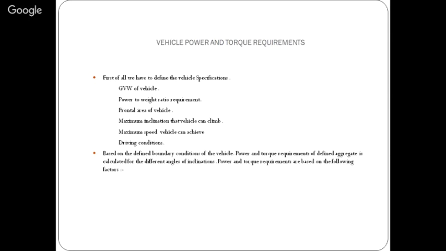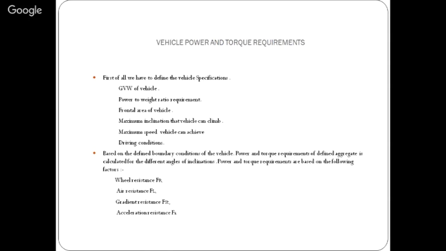On what factors and on what conditions the vehicle is going to perform, then we have to give that much power to the vehicle to perform. Clear? On what factors are we going to decide the power and torque requirements of the vehicle?